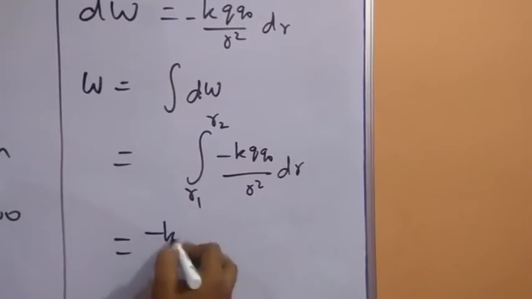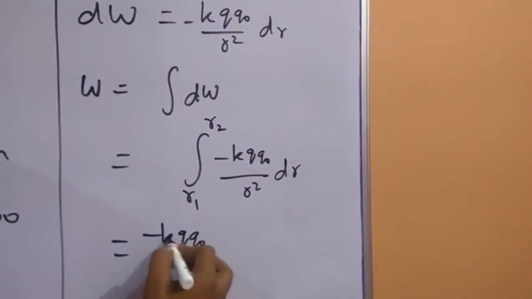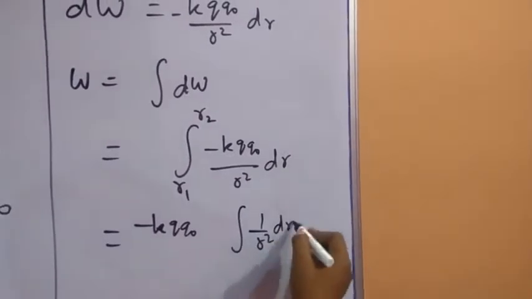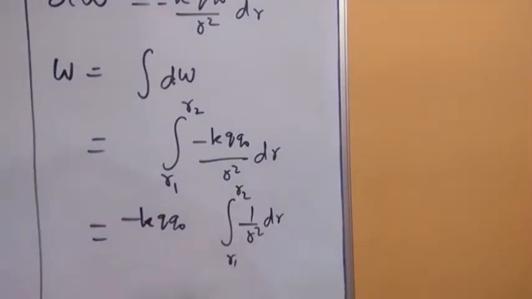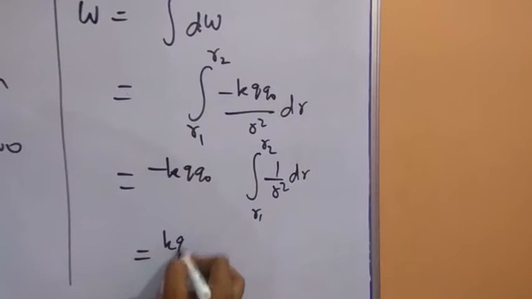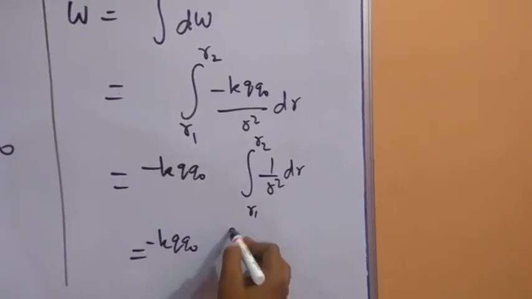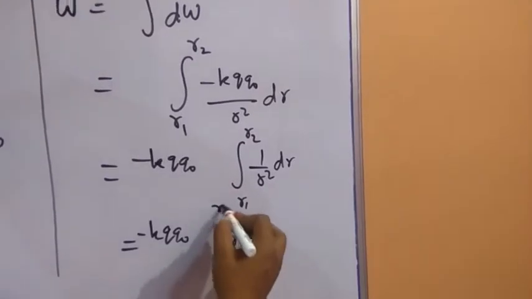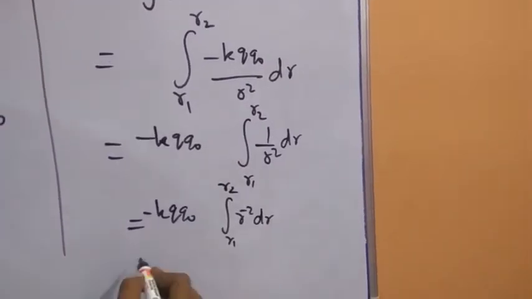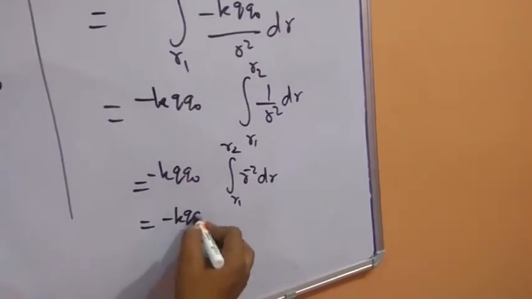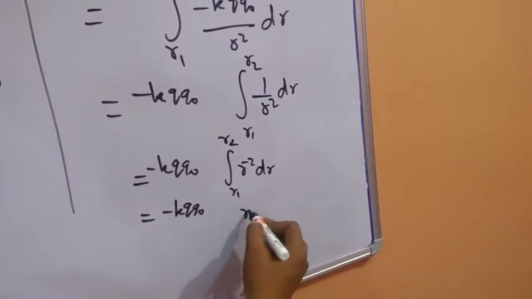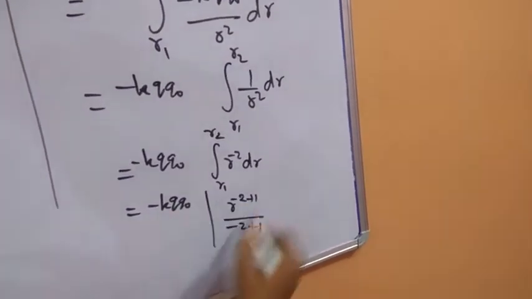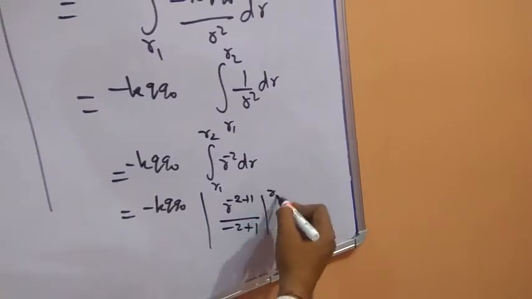So we know K Q naught are constants, so we can take them out, and the remaining part is 1 by R square dr from limit R1 to R2. It can be further written as integration of R power minus 2 dr from limit R1 to R2, which can be further calculated as R power minus 2 plus 1 by minus 2 plus 1 from limit R1 to R2.